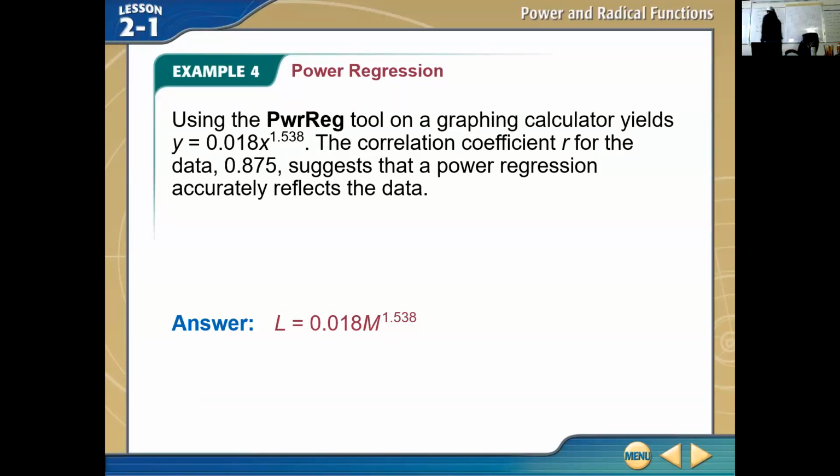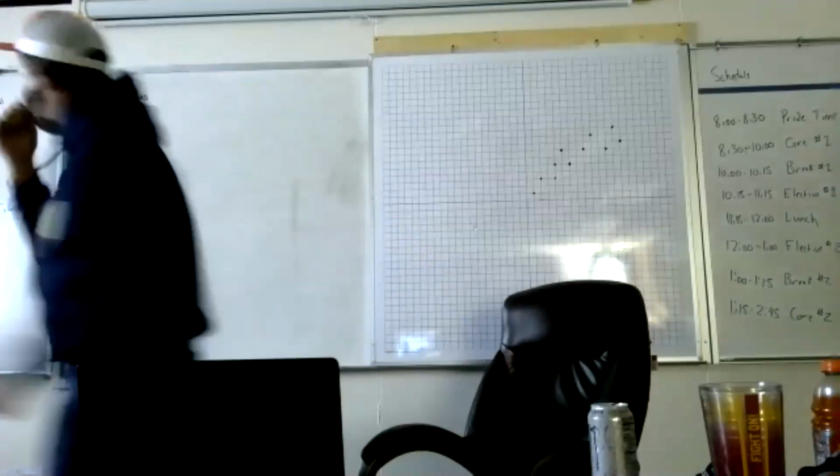Okay, the way that we would do this using the graphing calculator. Gotta quit sharing my screen, and then I'll be able to show you how to do it on desktops.